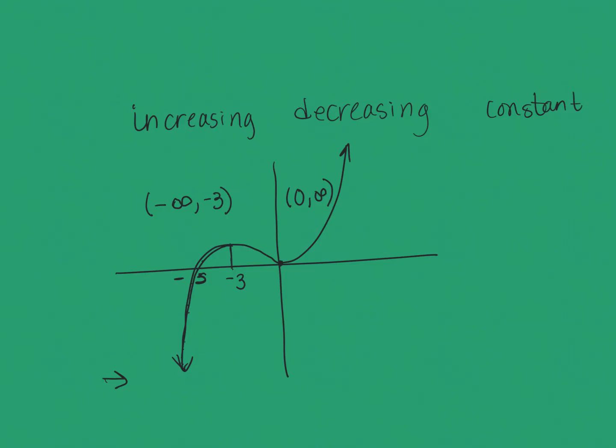I don't include the turnaround points. And I'm not talking about the y values. I'm listing it by the independent variable, the x values. But between negative 3 and 0, I'm going downhill. So I'm decreasing from negative 3 to 0.